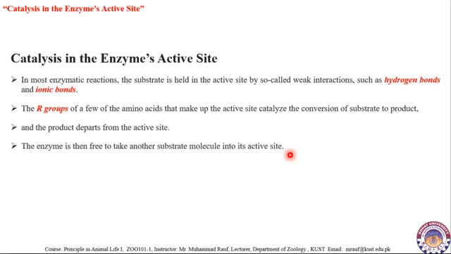Remember, enzymes are not used up in a chemical reaction. This is one of the characteristics of the enzymes, that they can be used again and again unless their 3D structure changes. Then they are unable to catalyze reactions.